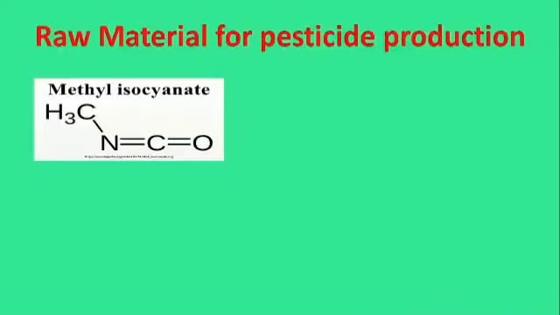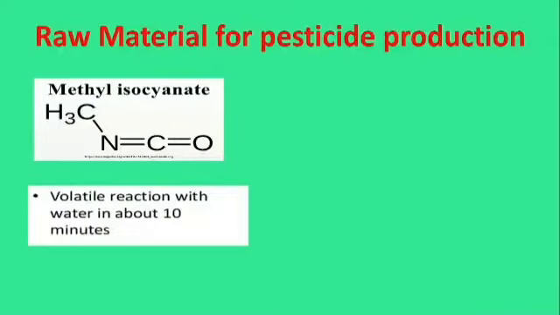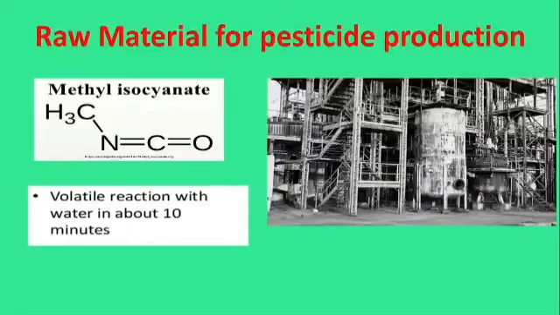Now this gas methyl isocyanate has a property that it becomes reactive when it comes in contact with water, and within a few minutes this gas generates more than 300 toxic compounds if it reacts with water. So the ideal situation to avoid this kind of reaction is to keep it in the form of a cooled chamber or container which is totally sealed.